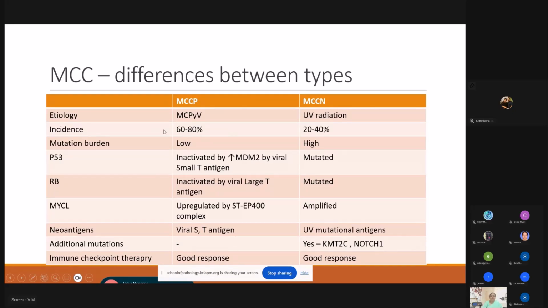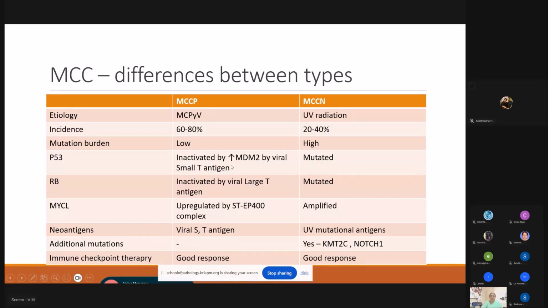The viral infection associated Merkel cell carcinoma is more common, but Indian data suggests something else. Okay, which we will come to later. So it depends on the geographic location where the patient is manifesting Merkel cell carcinoma. Mutation burden is low here, whereas it is high in the other because of the ultraviolet radiation-induced mutagenesis.